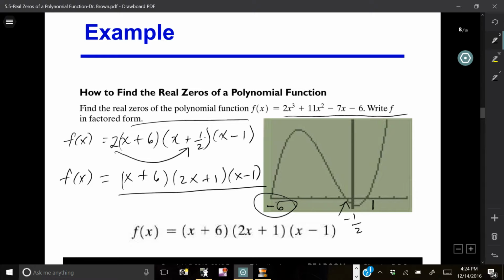And so these factors multiplied out would give us the original equation.